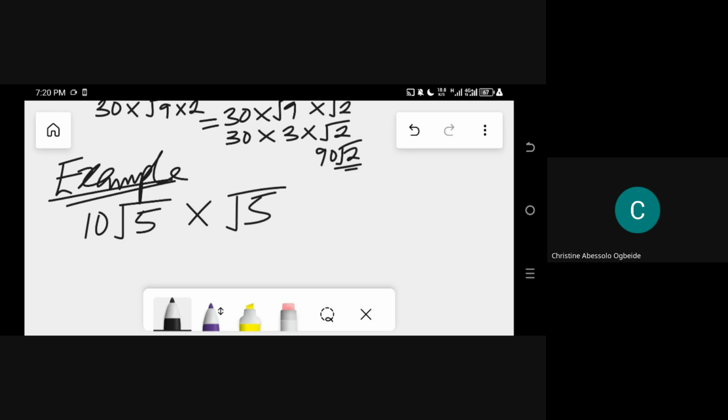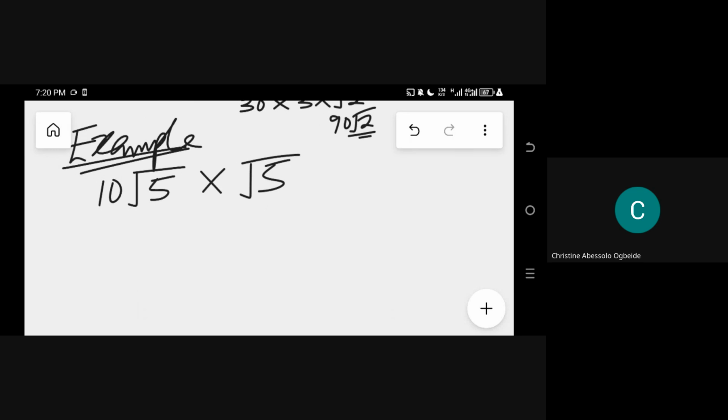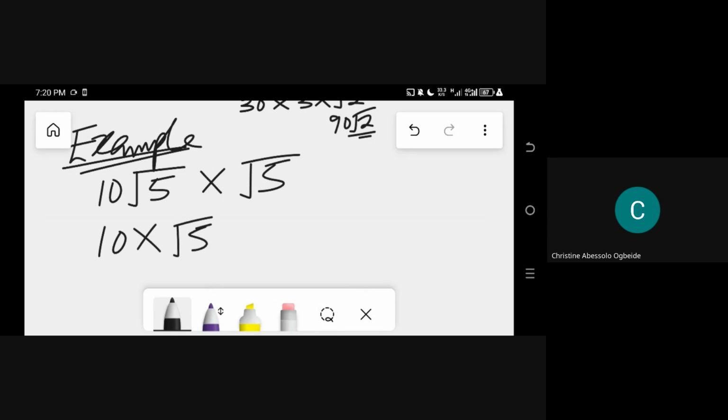It can only multiply another number that is outside the root. So that's 10 root 5 there. Multiplying this other one, you can just assume that there's a 1 outside the root of the other 5. And then you can say 10 times that 1 is still 10. Then root 5 times root 5.